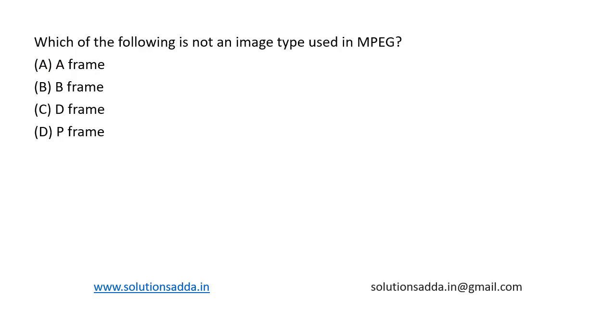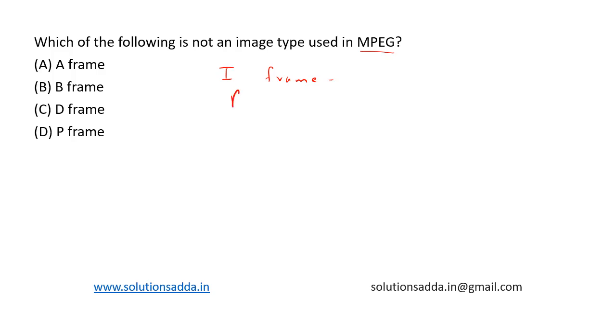This is a question from image processing. Which of the following is not an image type used in MPEG? And 4 options are given. A group of pictures can have the following picture types. First one is I-frame, that is intra-coded picture. It is a picture or a frame that is coded independently of all other pictures.